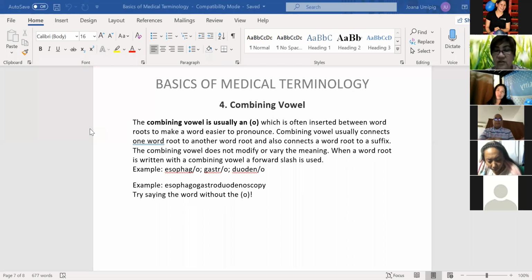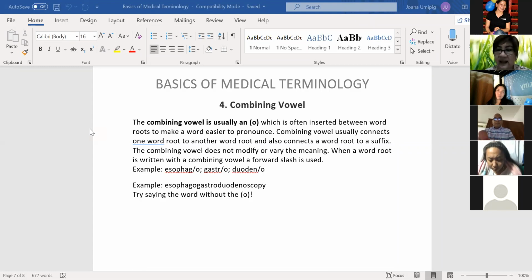A combining vowel usually connects one word root to another word root and also connects a word root to a suffix. The combining vowel does not modify or vary the meaning. When a word root is written with a combining vowel, a forward slash is used.